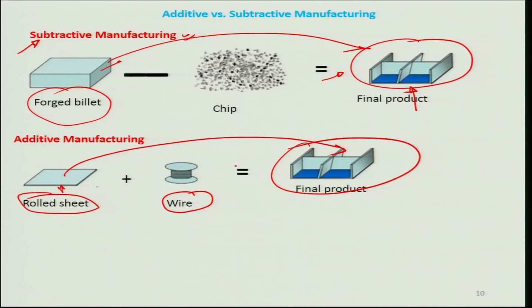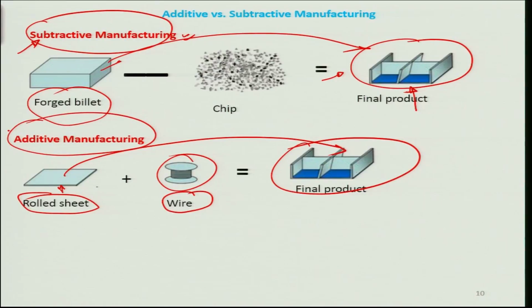So here there is really no chipping action or subtractive process, but an additive build up, and the build up is done by a wire which is typically heated and fed, and whatever shapes and sizes need to be realized, the spooler of this wire which feeds and extrudes the wire moves, and creates this section by section deposition so that you can have the final product. So this is really the basic difference between what you had done earlier in machining and what you would be doing now in additive manufacturing.